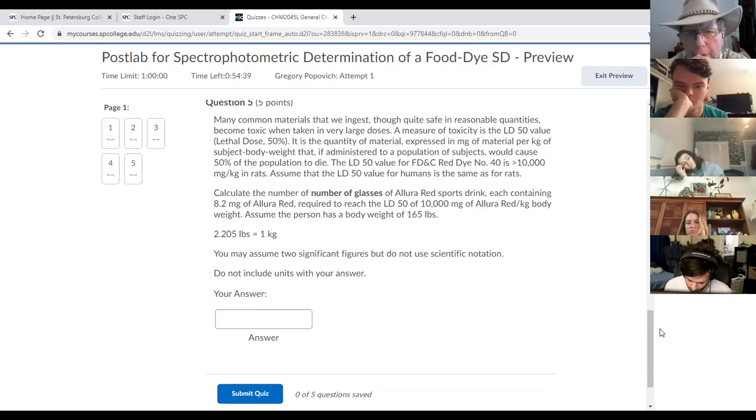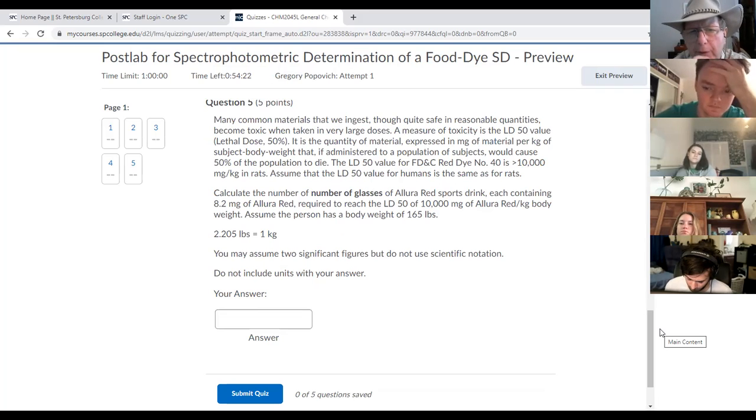This one's a different problem. If you had 8.2 milligrams of the dye, 8.2 milligrams of the dye is required to reach the 10,000 milligrams. Assume the person has a body weight of 165 pounds.